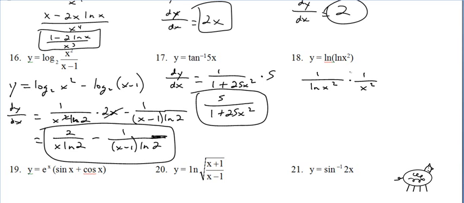And then I'm going to take the derivative of x squared, which is 2x. All right? And so then you just put everything together here. And of course, this cancels out. So the x cancels with that x there. And we'll end up having 2 over x ln of x squared.